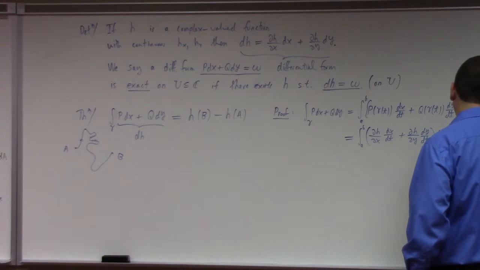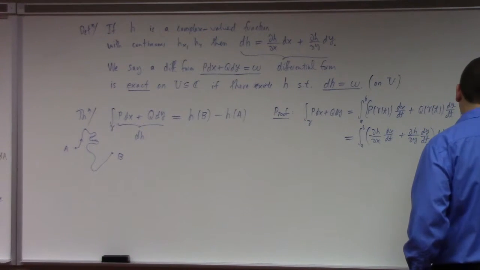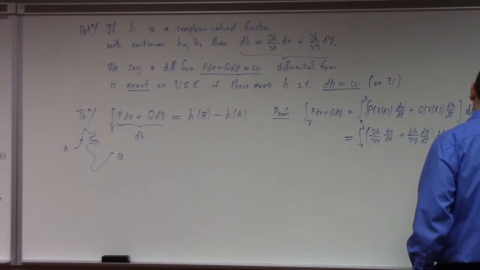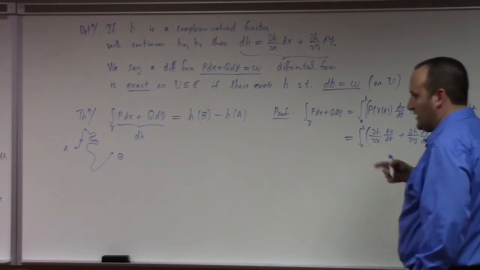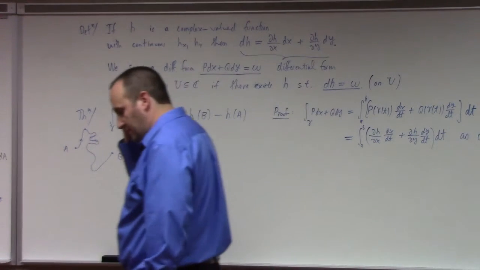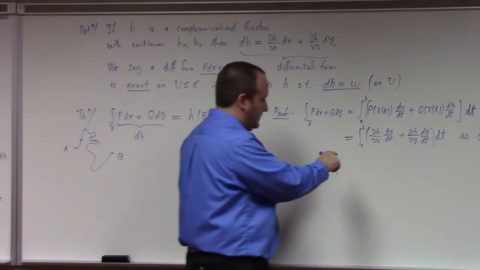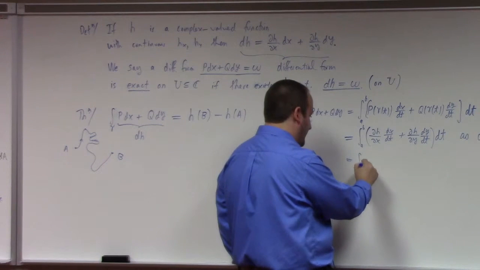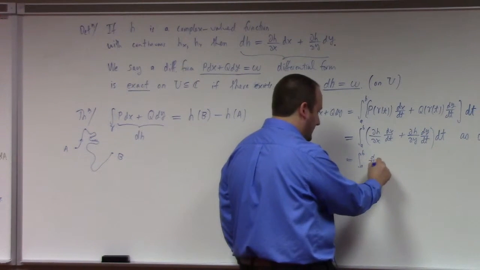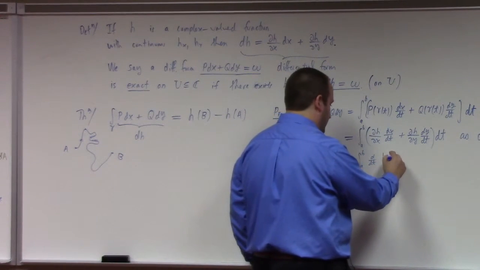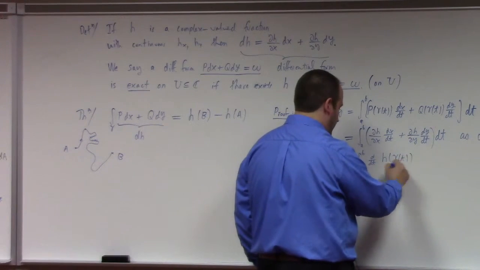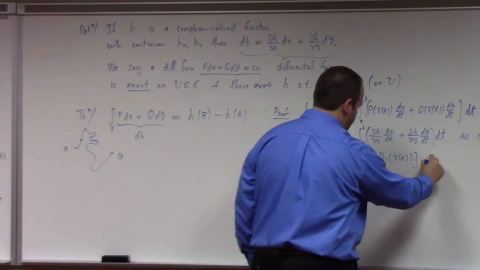Since dh is p dx plus q dy, that means that partial h partial x is equal to p, and partial h partial y is equal to q. You guys got me? So then that is the integral from a to b of d dt of h of gamma of t, dt.